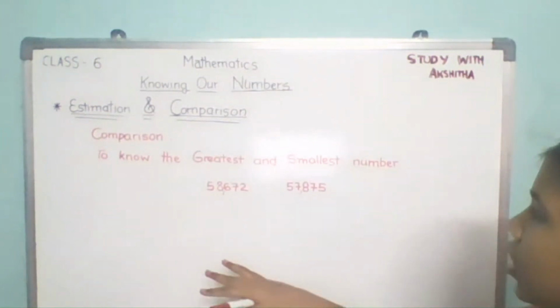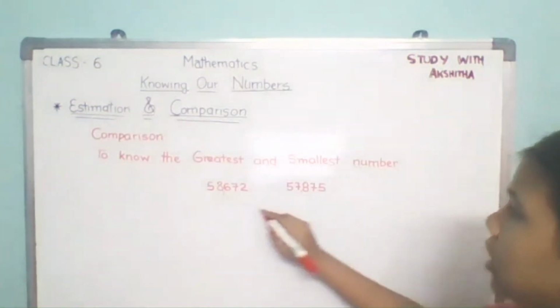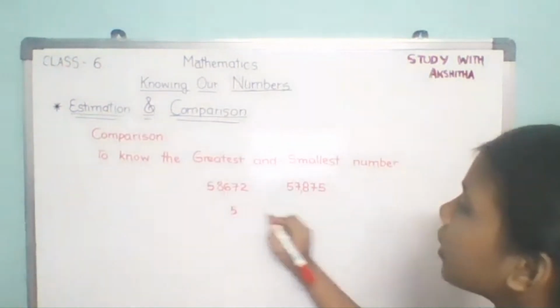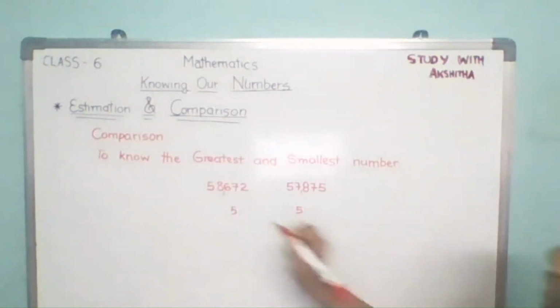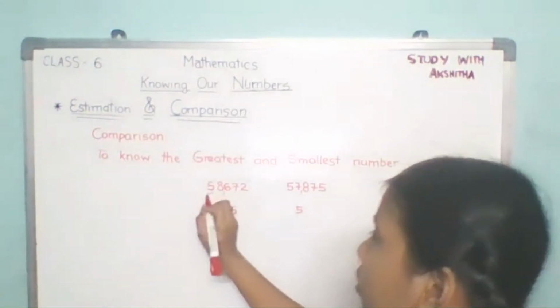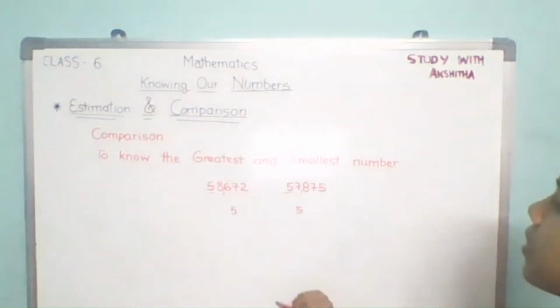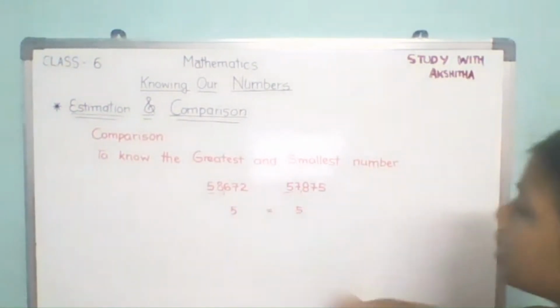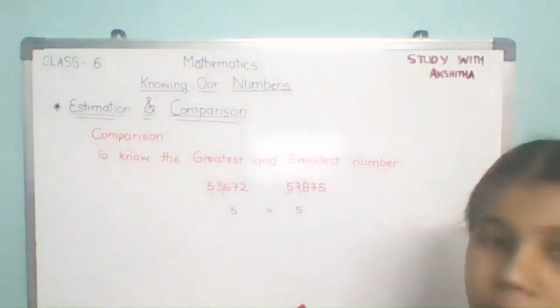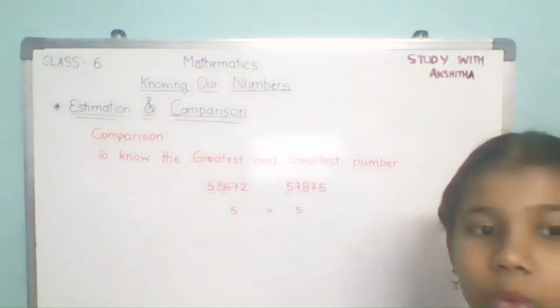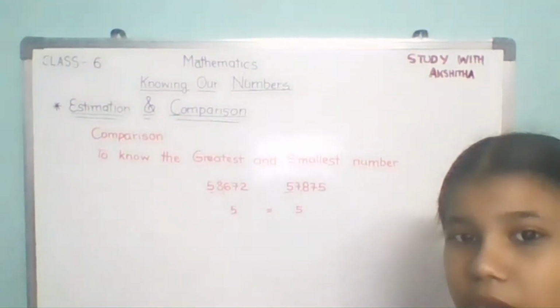Now, we need to check the first digit. In both these numbers, we are having 5 digits. So, we have to check the first digit. In both these numbers, we are having 5, which is equal. So, if the first digit is the same, then what shall we do? How will we know which is the greatest and the smallest number?